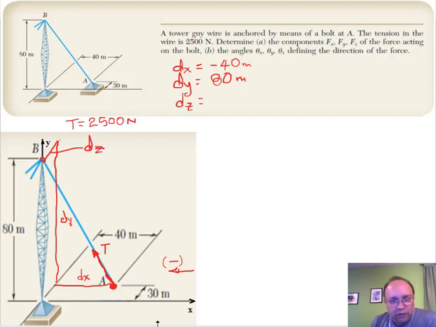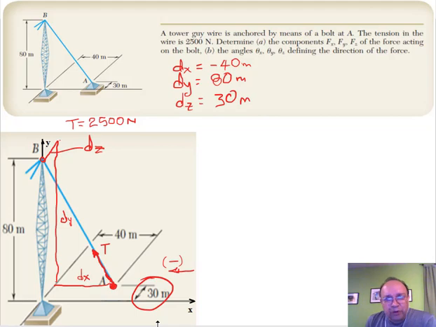So when you go from A to B, you have to move dx, dy, and dz. In other words, these are the rectangular components of the direction AB. And in the Z direction, the distance that we move is 30 meters.